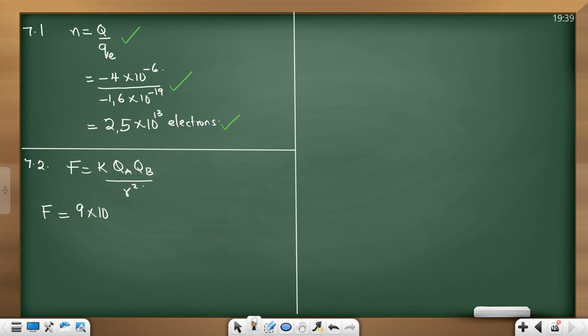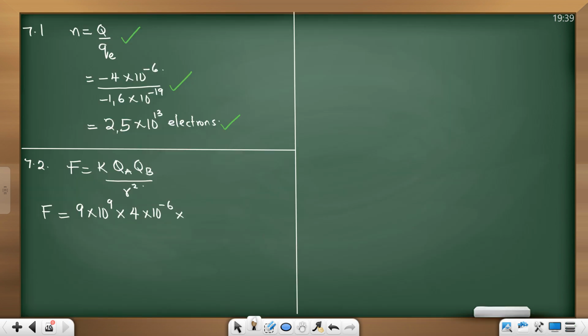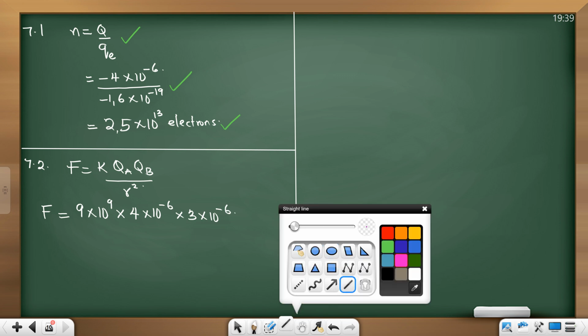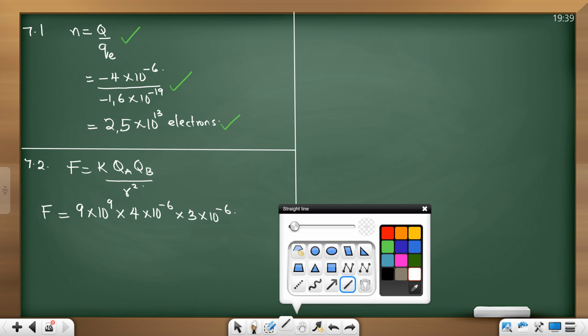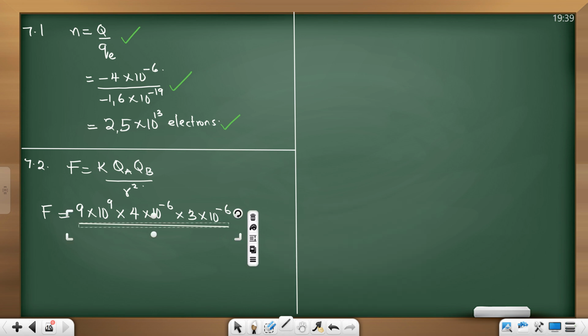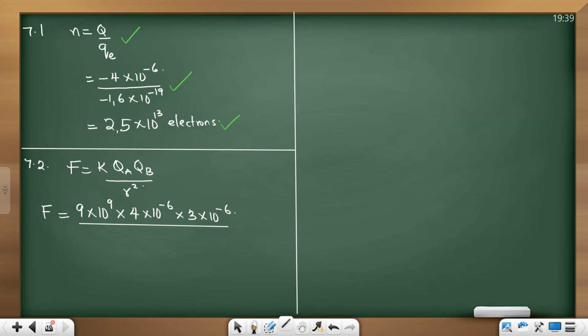Now, what is QA? I am not going to write the sign anymore. The examiner is looking for magnitude. What about B? What's our QB? 3 times 10 to the power negative 6. And what is the distance between A and B? 0,2 meters.